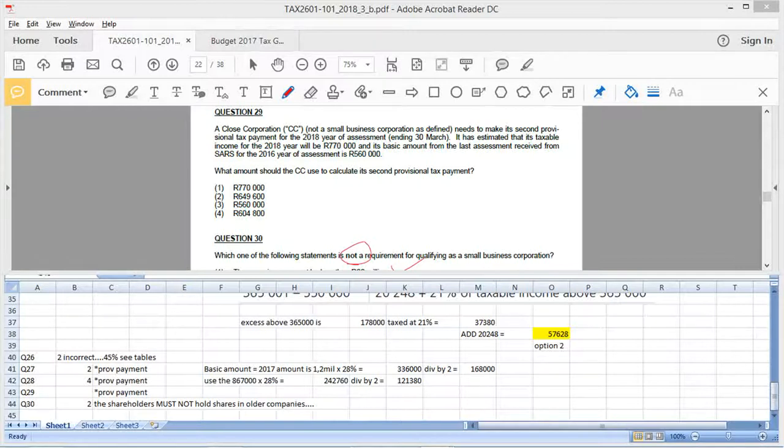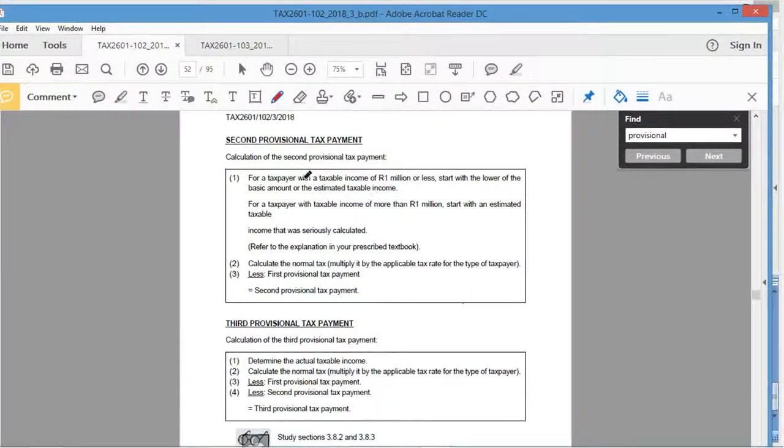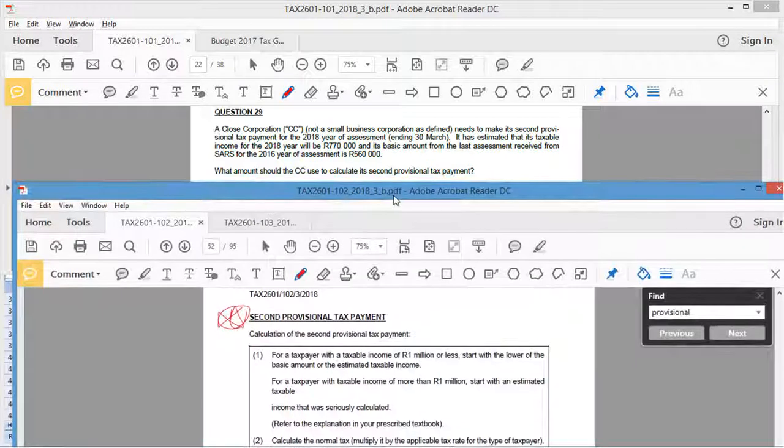I need to refer to this, just to show you guys what I'm referring to. Second provisional tax payment: calculation of the second provisional tax payment for a taxpayer with taxable income of 1 million or less. Start with the lower of the basic amount or the estimated taxable income. So do we have that scenario here? Yes, we do. It's less than 1 million.